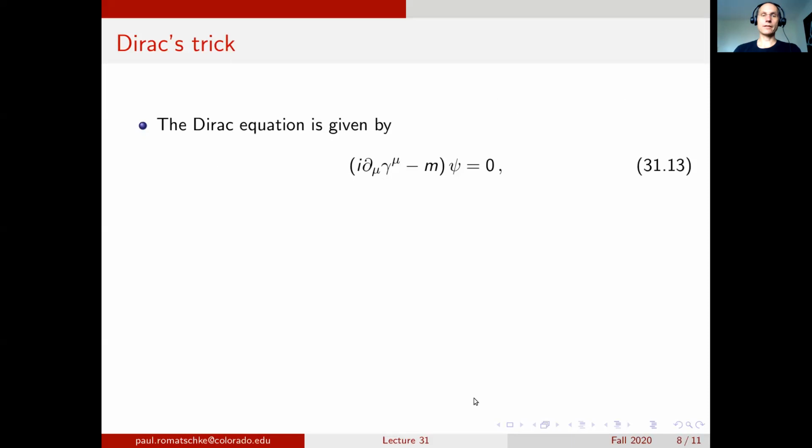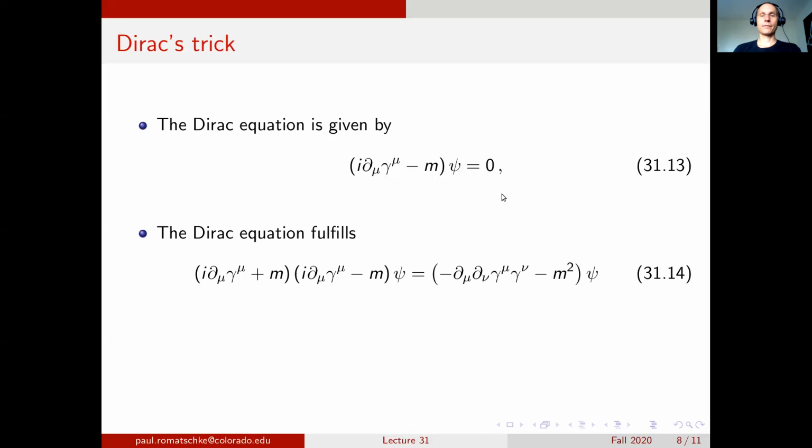Using the gamma matrices, the Dirac equation then is given in the following form. It's (i d_mu gamma^mu minus m) acting on psi is 0. It fulfills the following property. If we act on this Dirac equation with the conjugate, we find that (i d_mu gamma^mu plus m)(i d_nu gamma^nu minus m) is equal to minus (d_mu d_nu gamma^mu gamma^nu plus m squared).